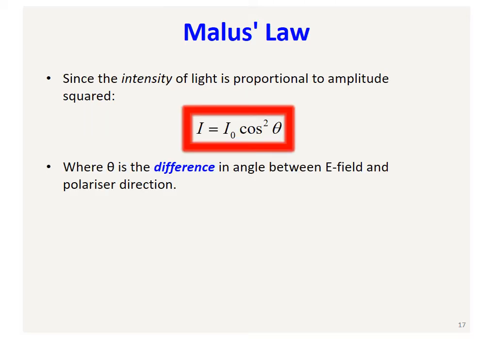Because the electric field component that's parallel to the transmission axis is given by E0 cos theta, then the intensity of light is going to be proportional to the square of that. In other words, the original intensity of the light times cos squared theta.